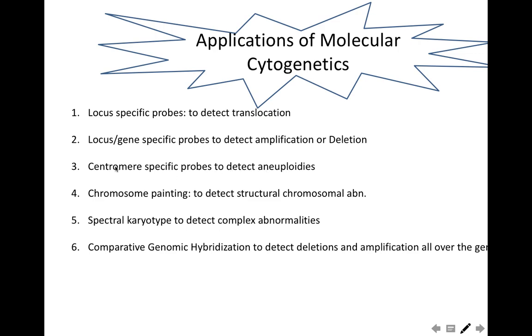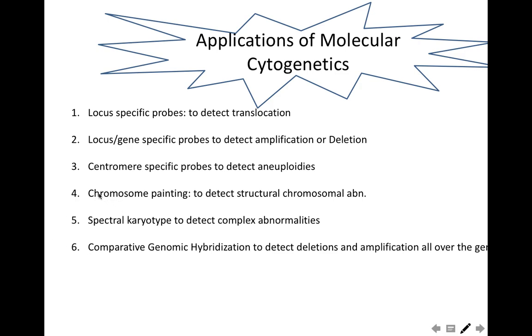Of course, each chromosome has a specific centromere sequence, so you can use a chromosome centromere specific probe to detect aneuploidies, and this is a very quick method for diagnosis of aneuploidies like Down syndrome or trisomy 13 or 18 or sex chromosome abnormalities, especially in prenatal diagnosis, because it can give a very quick analysis.